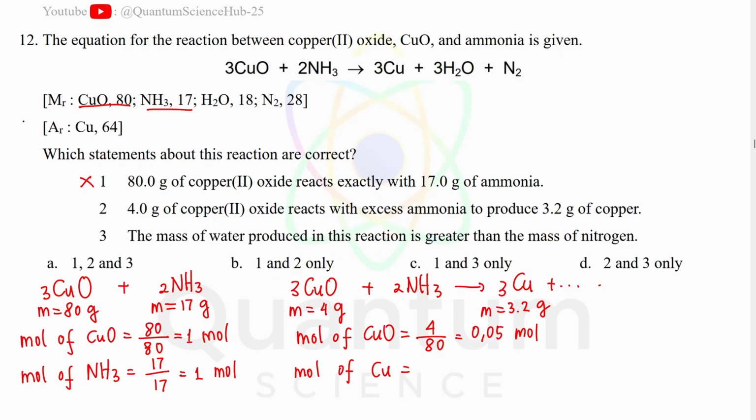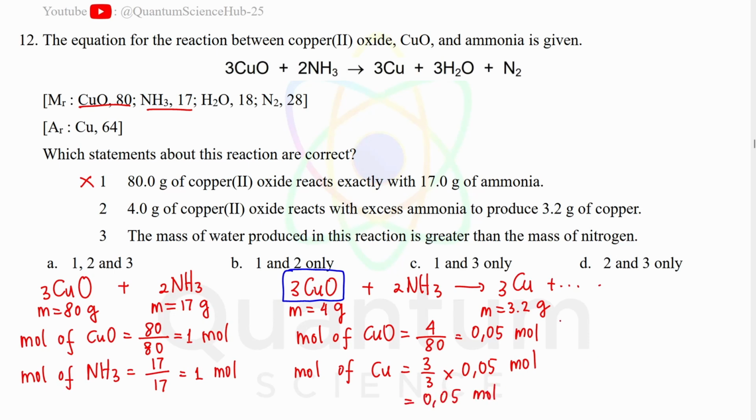So I will take copper oxide as the reference. Okay? And I'm using this to find the number of mole of Cu. So they have the same ratio, 3 and 3. So the number of mole of Cu is 3 out of 3 times 0.05 mole. Okay, so this equals 0.05 mole.